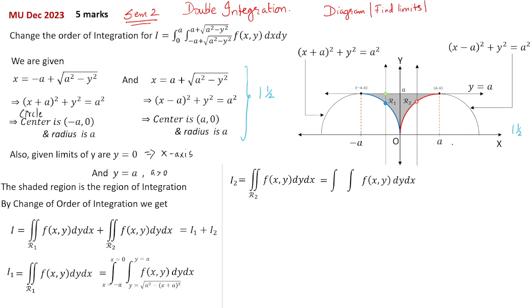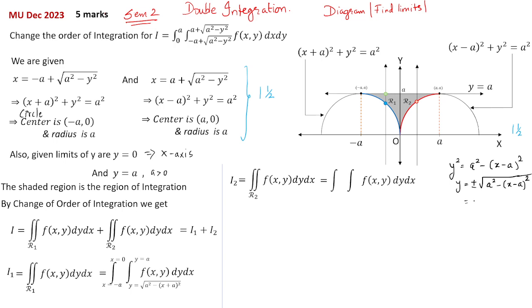Okay, so the expression for y is going to be, we take the equation (x minus a) the whole square plus y square equals a square, and what we get is y square equals a square minus (x minus a) the whole square, and y equals plus or minus square root of a square minus (x minus a) the whole square.